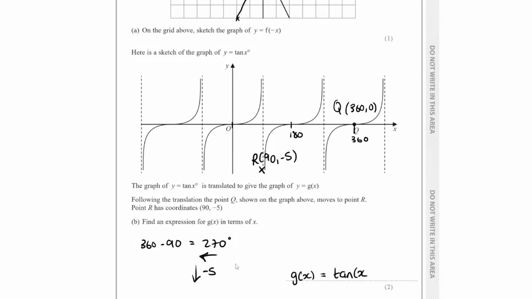First of all, it's within the brackets with the x, isn't it? But do you remember how x is always the wrong way round? So I know it's gone left, which is technically take away 270, but it's actually the opposite.